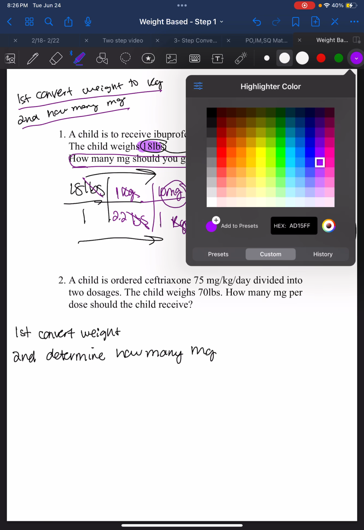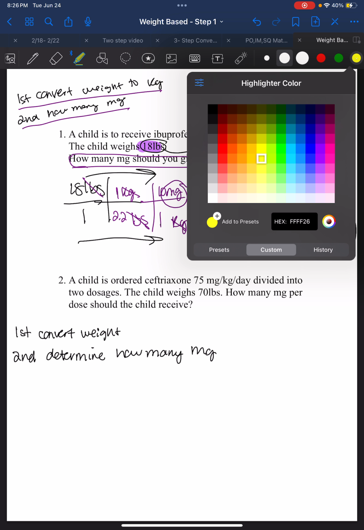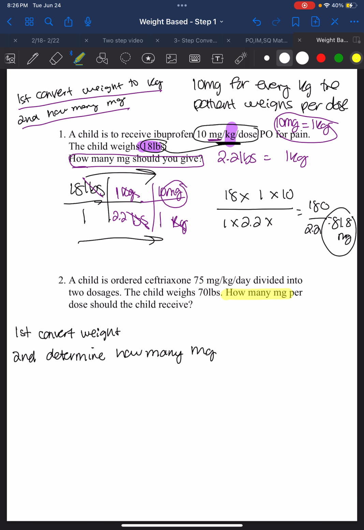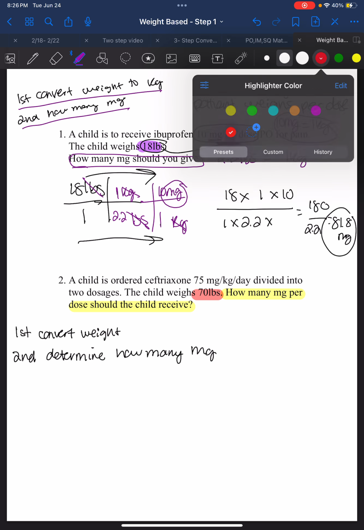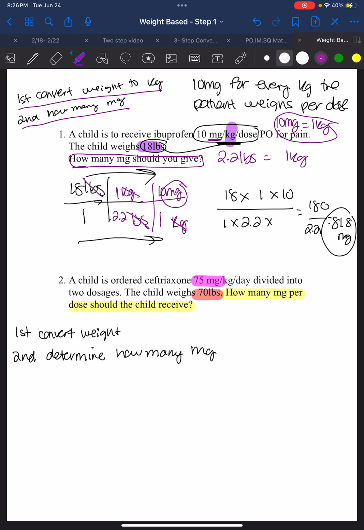It says right here, I'm going to highlight it in yellow, how many milligrams per dose the child receives. Our given, our whole number that doesn't need anything done to it, that we can put over 1, is the 70 pounds. Our conversion factor is going to be the 75 milligrams per kilogram per day.